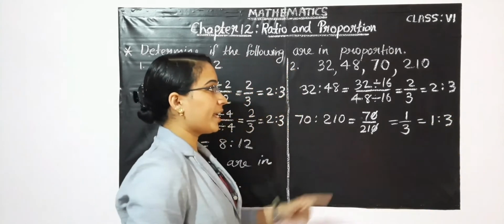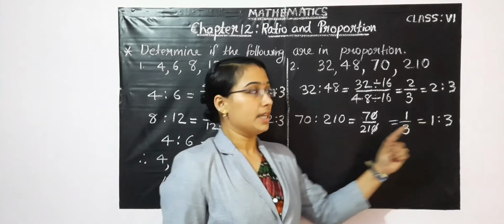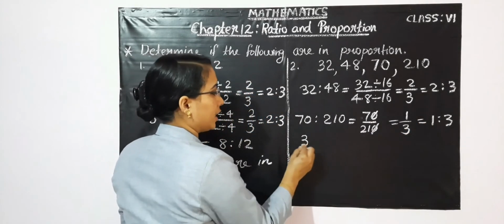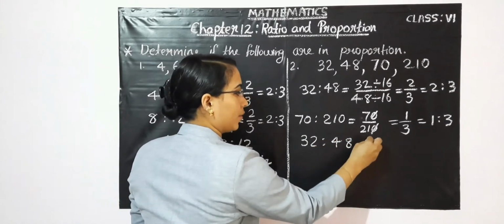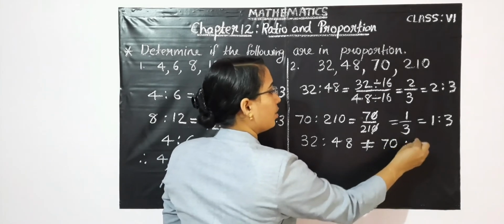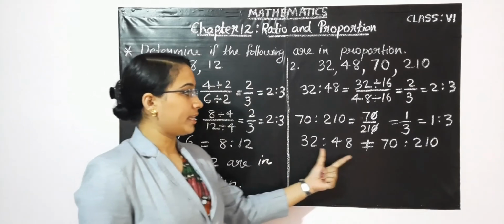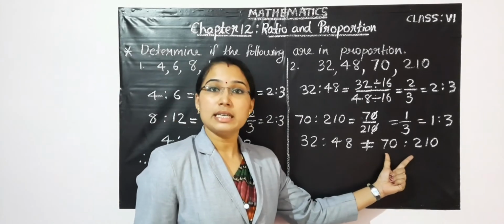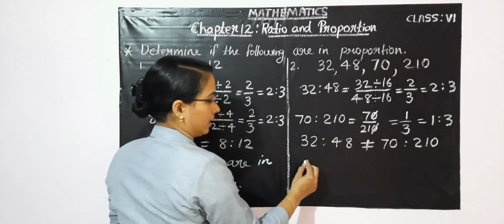Here, 2 is to 3 is not equal to 1 is to 3. So, we can say 32 is to 48 not equal to second ratio 70 is to 210. Okay. Here the first ratio is not equal to second ratio. So what we want to write? The given numbers.